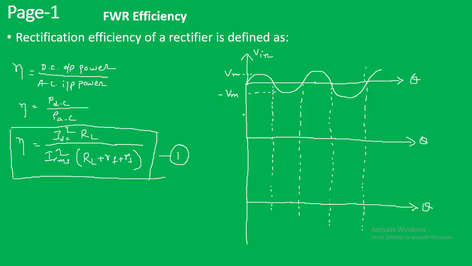Here we see that the input voltage after rectification is in one direction, so all these half cycles are converted to one direction. In terms of theta, it goes theta to pi, pi to 2 pi, 2 pi to 3 pi, 3 pi to 4 pi, and so on. The same thing we will observe in the case of current also.